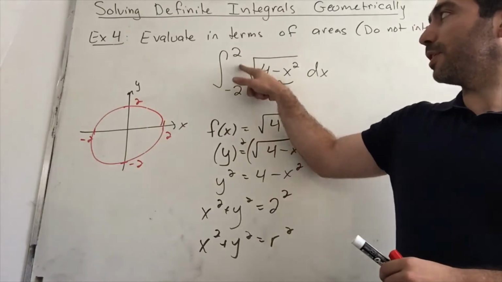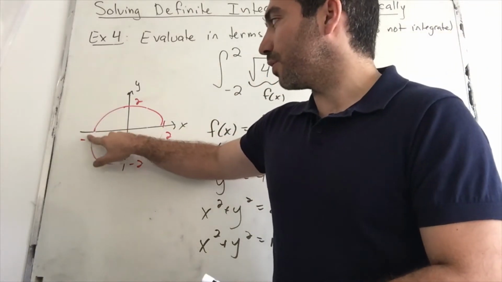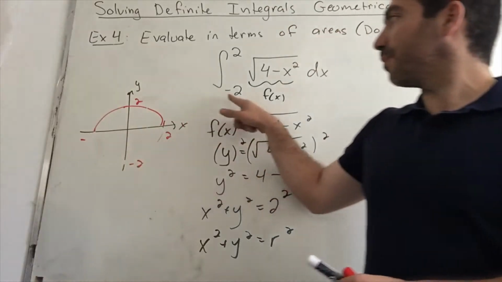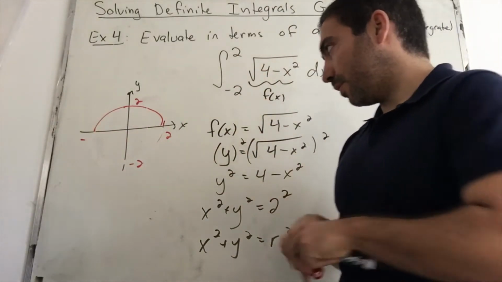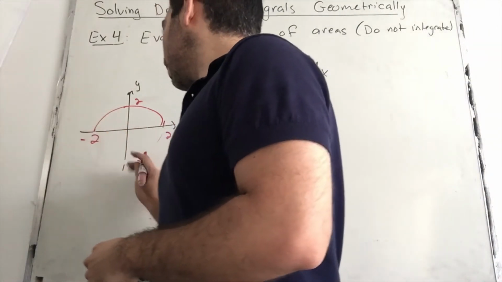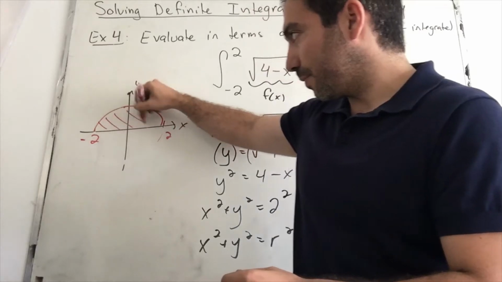So since it's positive in front of the square root, we're dealing with the top half of the circle. And we're going from -2 to 2 on the x-axis. So -2 all the way to 2. So we're dealing with this region here.